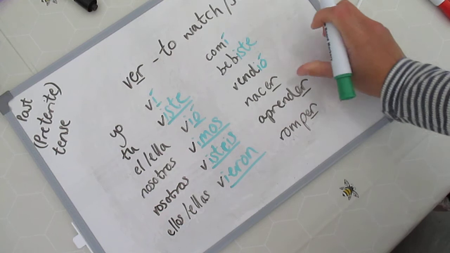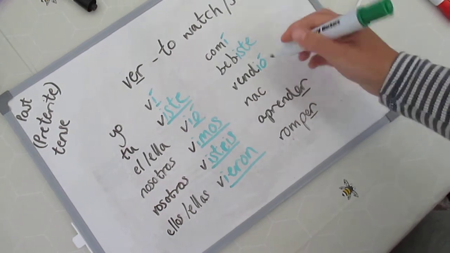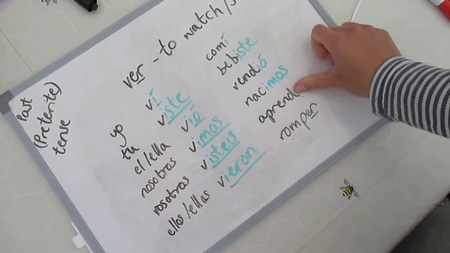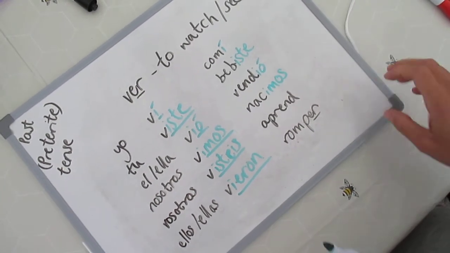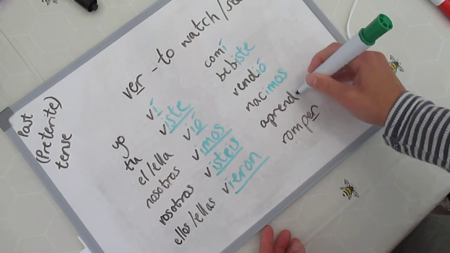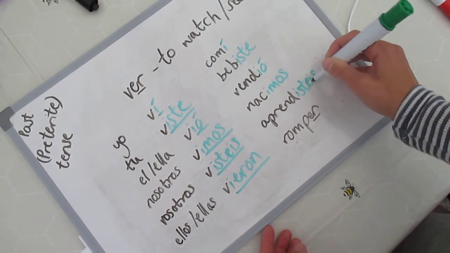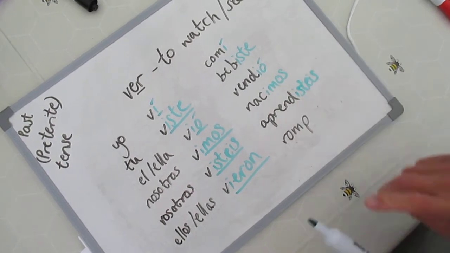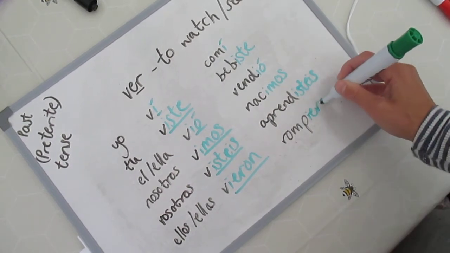For nosotros, we were born, take off that ER and we've got nacimos. Vosotros, you all learnt, take off the ER and we've got aprendisteis. And then for they broke, it would be rompieron.